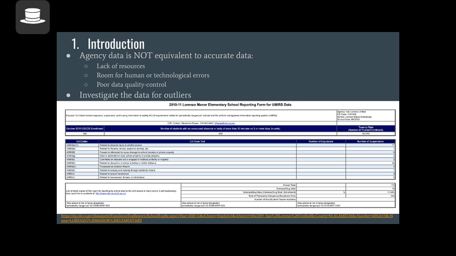So you need to look at the specifics of the information and try to make a general sense of, well, is it even possible? So finding outliers is basically an indication that there is some error in the data. As someone said, finding errors in data is a norm, not an exception.